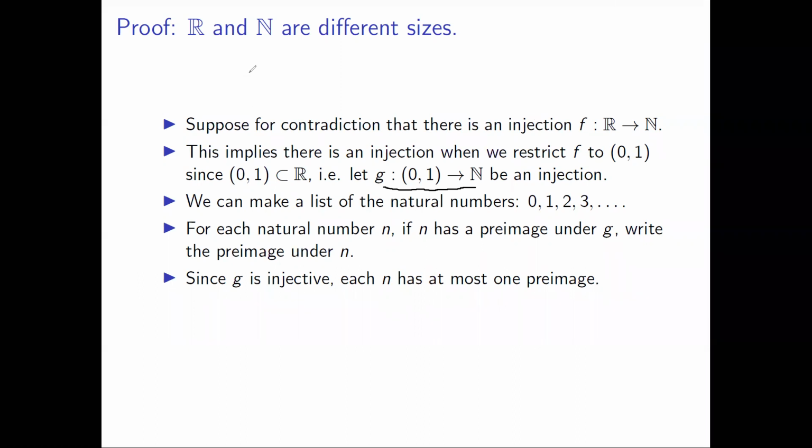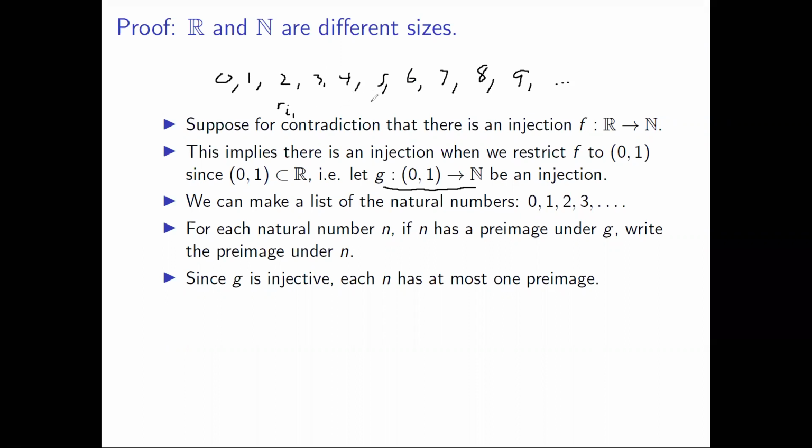So we can just take our natural numbers 0, 1, 2, 3, 4, 5, and so on. And we can just write under the ones that have preimages what the preimage is. So we can say, if this one has a preimage, some real number, we'll call it RI1.